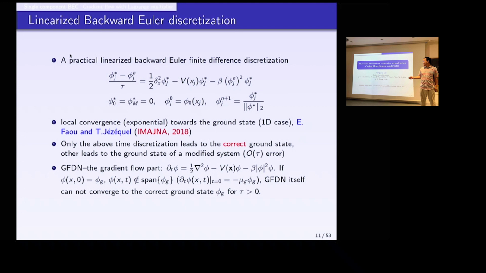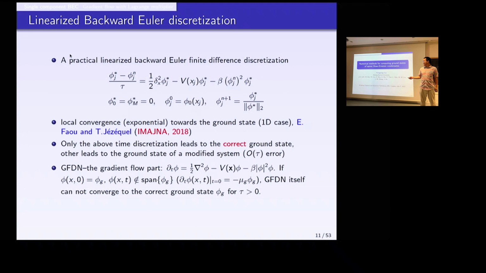Another thing is that once we use this gradient flow method, then to practically implement it, we only need to solve this imaginary time PDE, the GPE discretization. What they propose is that you should use a first order backward Euler scheme, but with the nonlinear term in this explicit-implicit form.